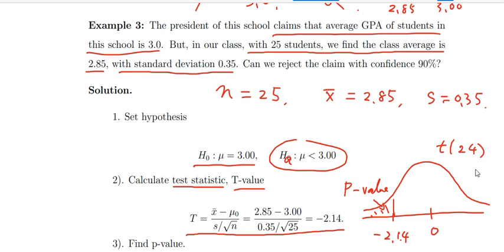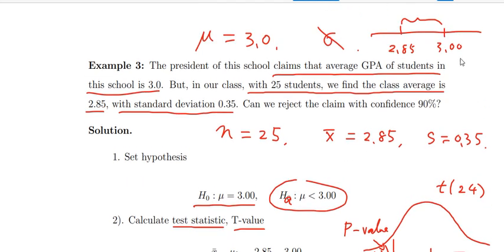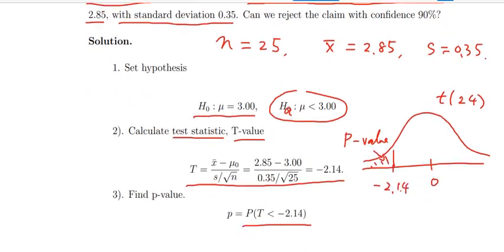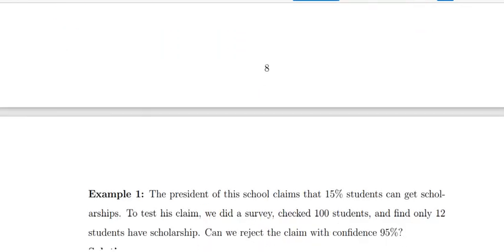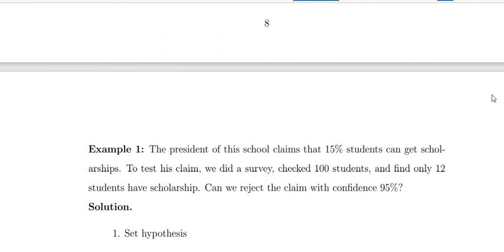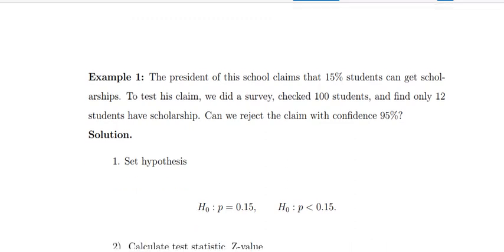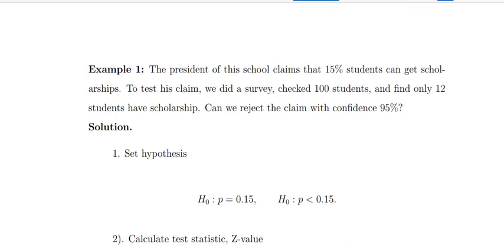Okay, so this is a typical example of a hypothesis testing problem. The testing problem is just to judge whether the difference is big or not so big, right? Here we have a little bit confusing thing: sometimes we need to check the T table, sometimes the Z table. If the sample size is small, we should use the T table, T value, right?